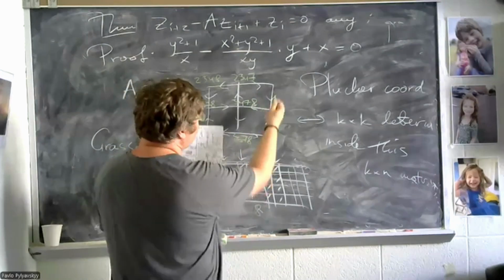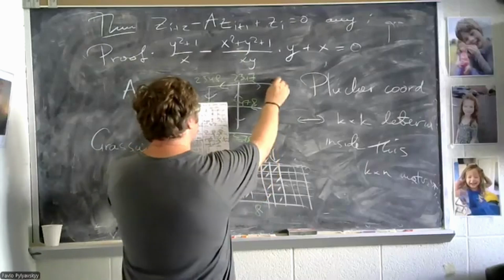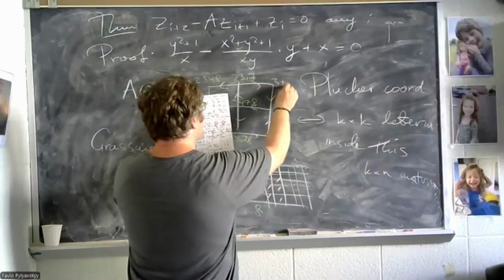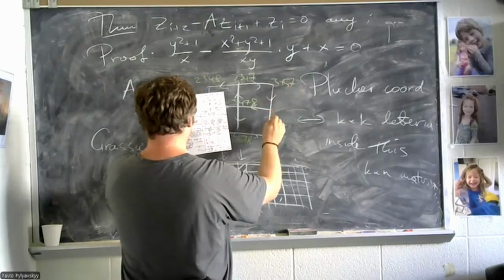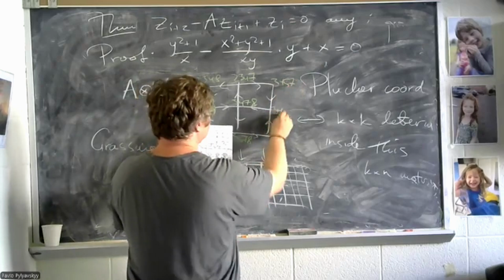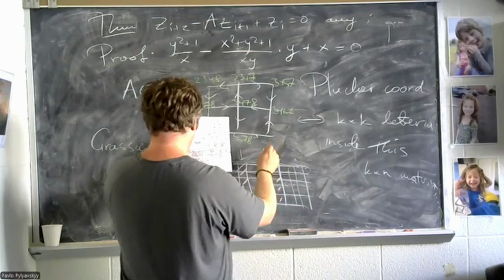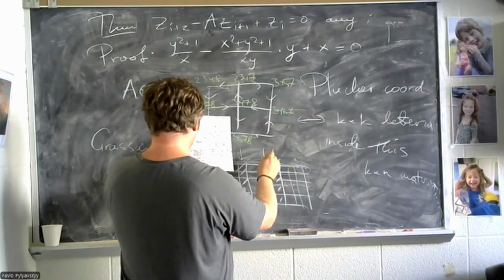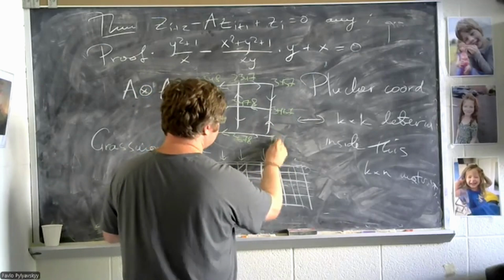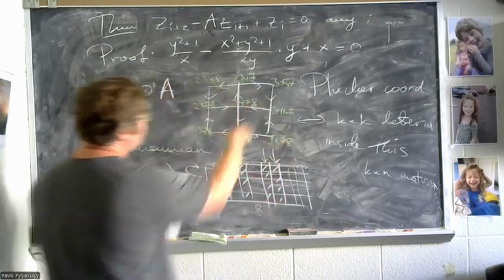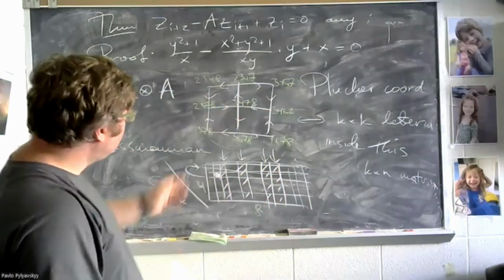And there's some rule how to do it, which I was going to tell you, but I don't have time. 3, 4, 5, 7, 3, 4, 6, 7. And the last one is 4, 6, 7, 8.